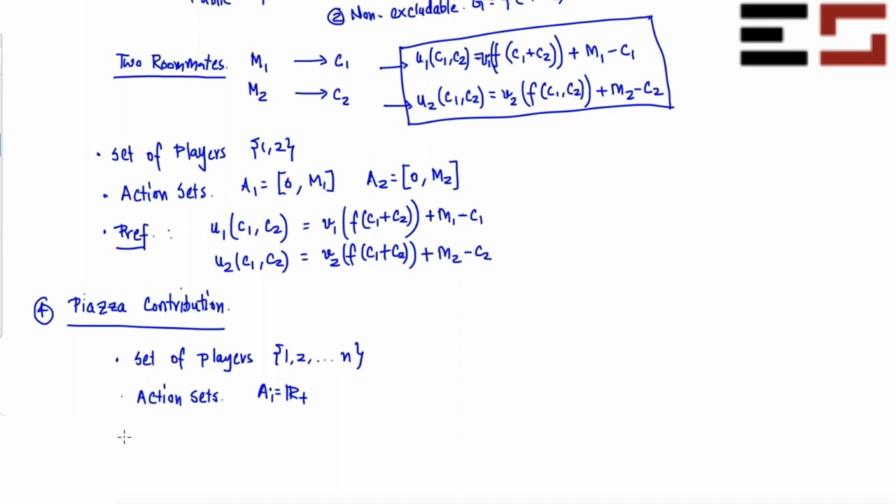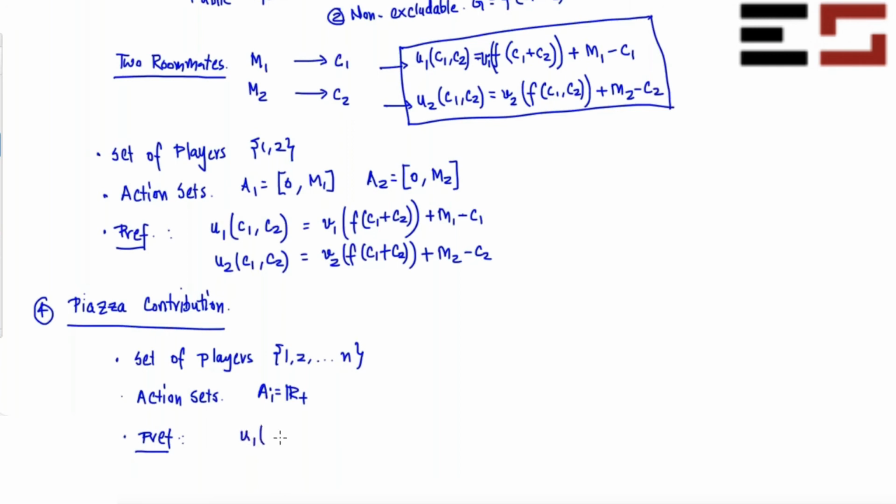And what are the preferences? How do we write the preferences? Well, you can say that you'll prefer if other people are putting in effort, and obviously your effort will only cost you something. So how do you write this kind of payoff function?